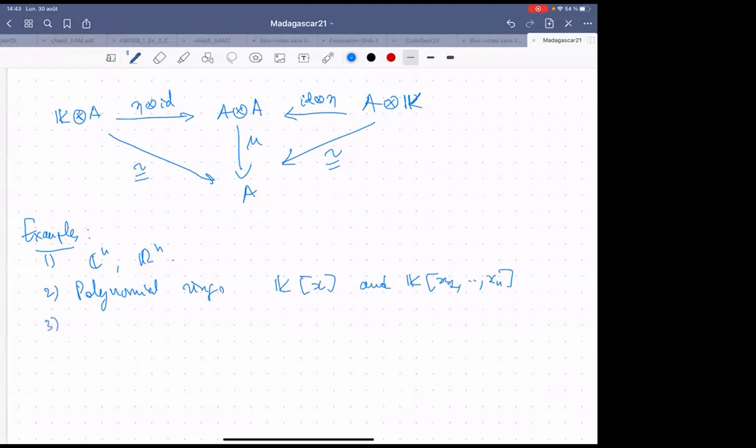Up to now, I have only commutative examples, and the first non-commutative example is given by the matrix algebra M_n(K), square matrices of order n with coefficients in K. This is a non-commutative unital associative algebra.